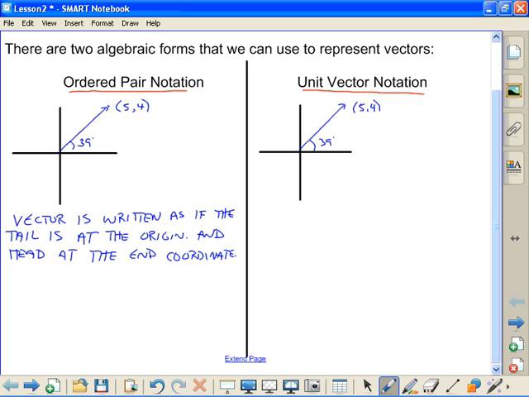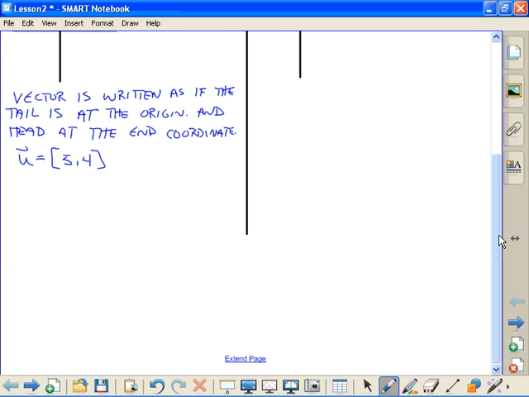Okay, so if I call this vector u, then my vector u is equal to the vector [5, 4].